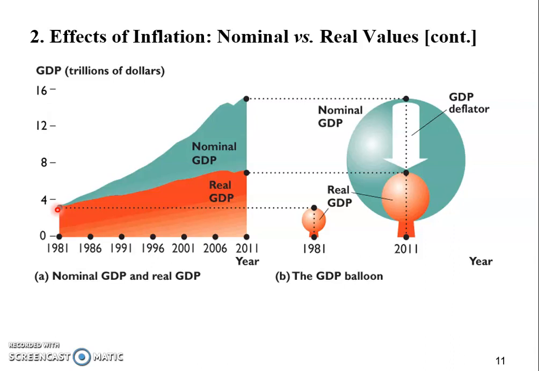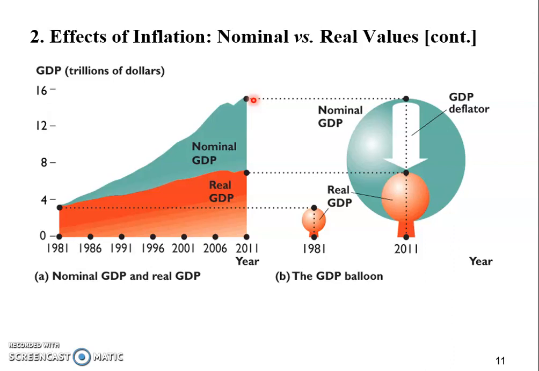Over the course of 3 decades, if we simply focus on nominal GDP to figure out how quickly the US economy has been growing, you would find that in 1981, the GDP was below $4 trillion. In 2011, it's close to $16 trillion. In other words, the size of the US economy has grown about 4 times.